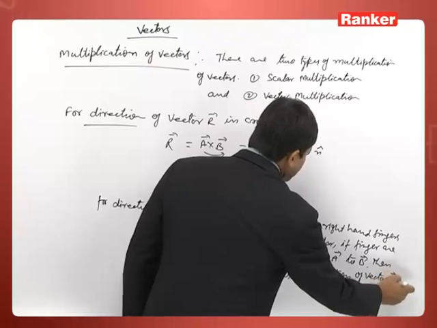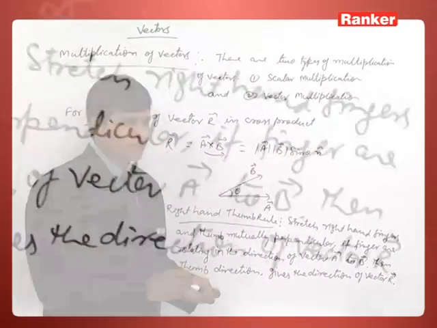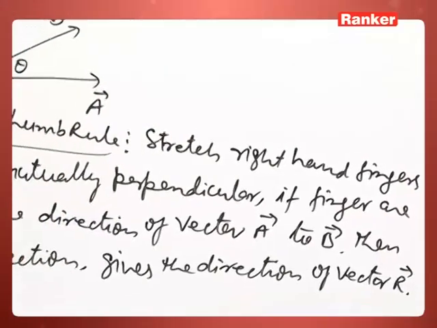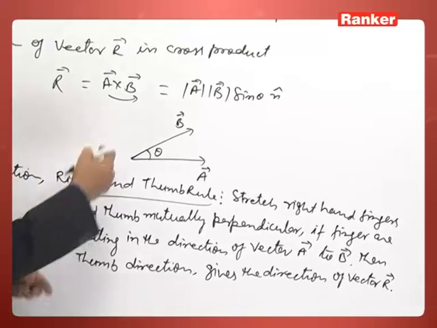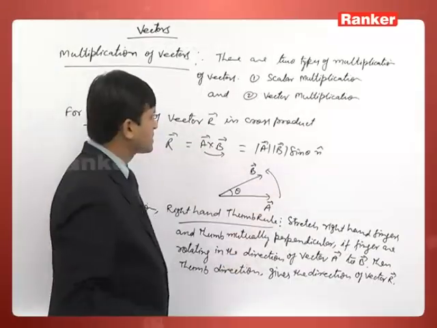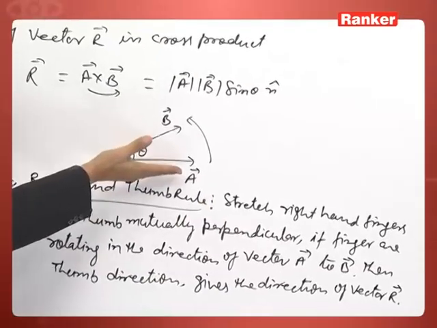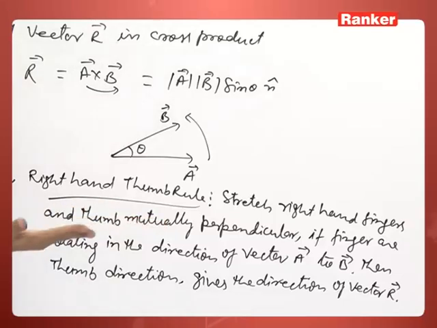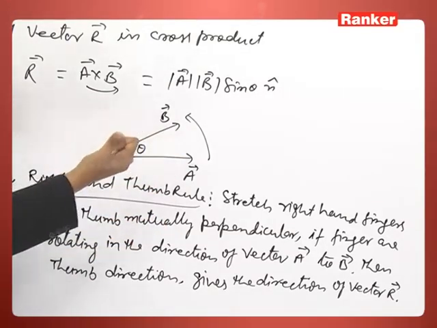See, according to the right hand thumb rule, since we are finding r is equal to A cross B, it means we have to move from A to B. So, when we are moving from A to B, according to the right hand thumb rule, just stretch your fingers from A to B, then where is the thumb?